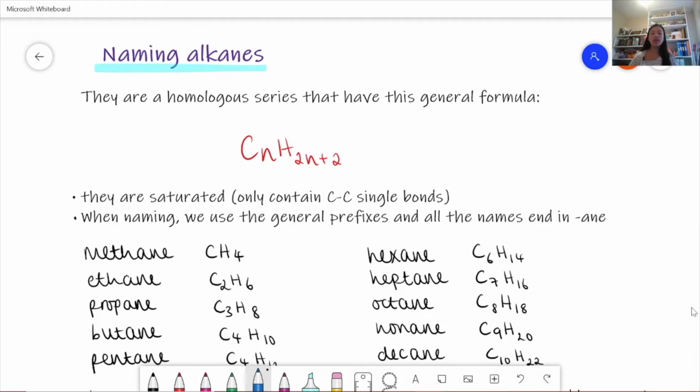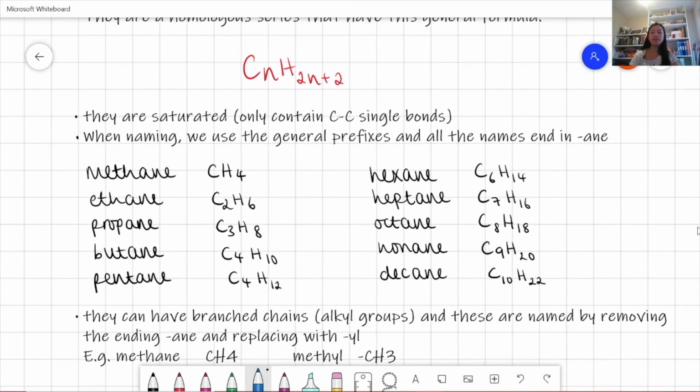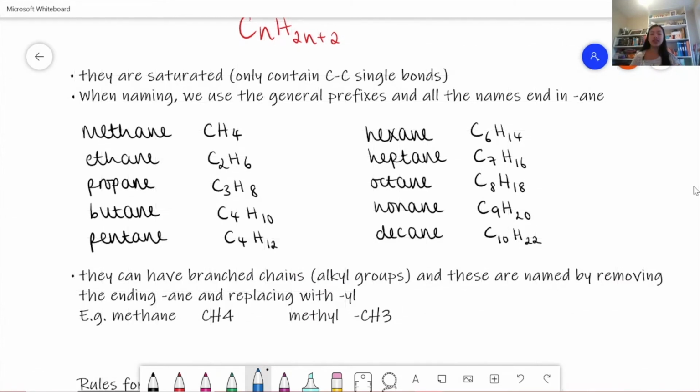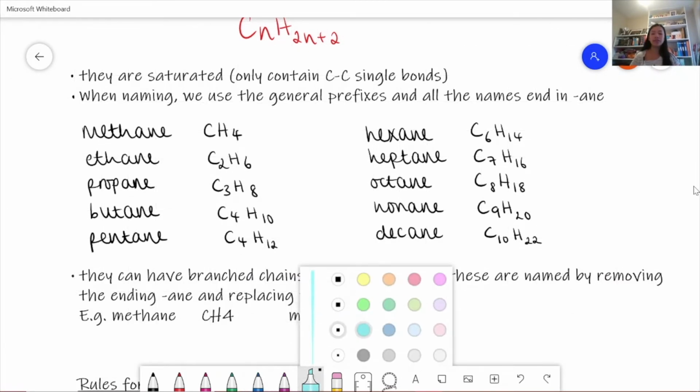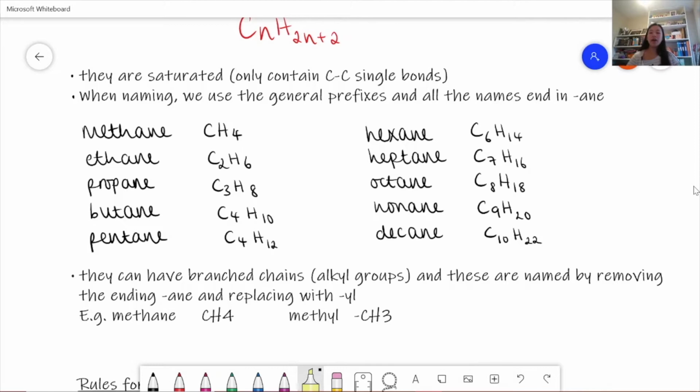When naming, we use the general prefixes and all the names end in -ane. The prefixes we usually use are meth for 1, eth for 2, prop for 3, but for 4, pent for 5, hex for 6, hept for 7, oct for 8, non for 9, and dec for 10.